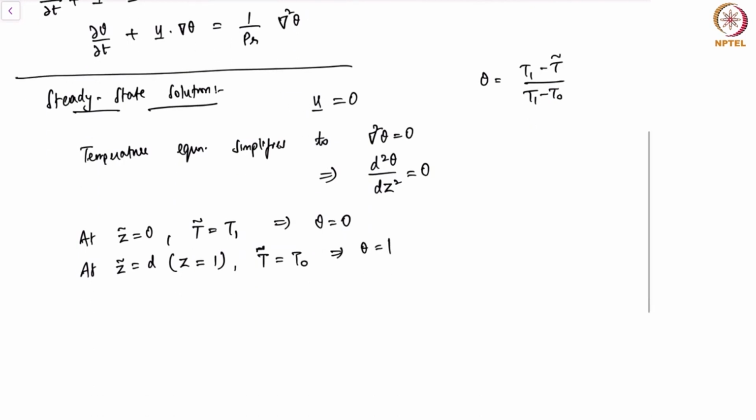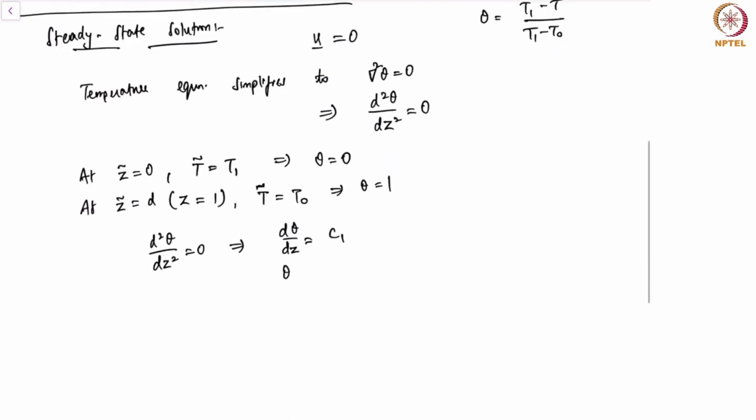So we now have this equation, and we can integrate it. d square theta by dz square is equal to 0. If I integrate it, I get d theta by dz is some constant c1, and theta as a function of z will be c1 z plus c2. If you substitute the condition at z equal to 0, you get c2 to be 0.